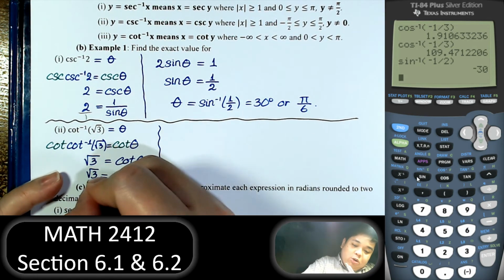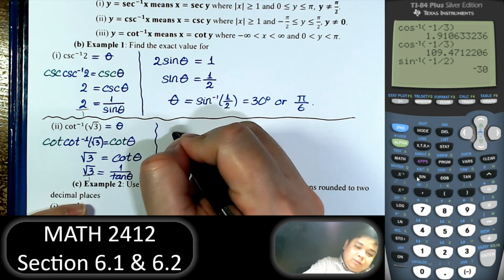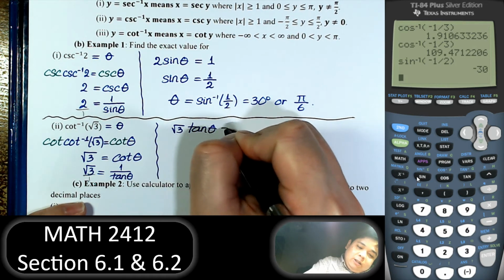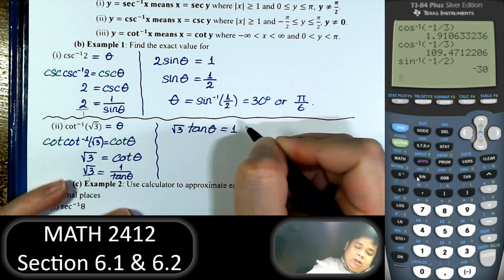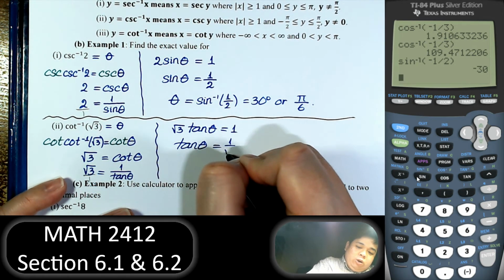So cross multiply: square root of 3 tangent of theta equals 1. So tangent of theta is 1 over square root of 3.